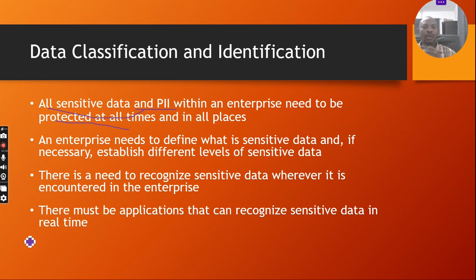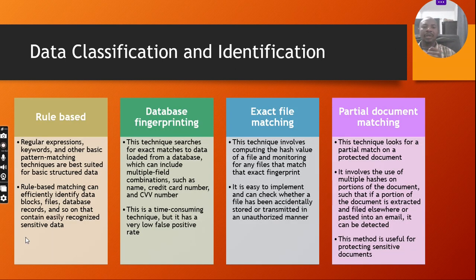Then there is a need to recognize sensitive data wherever you encounter it in an enterprise. There must also be applications, like a software system, that can recognize sensitive data in real time in an enterprise.